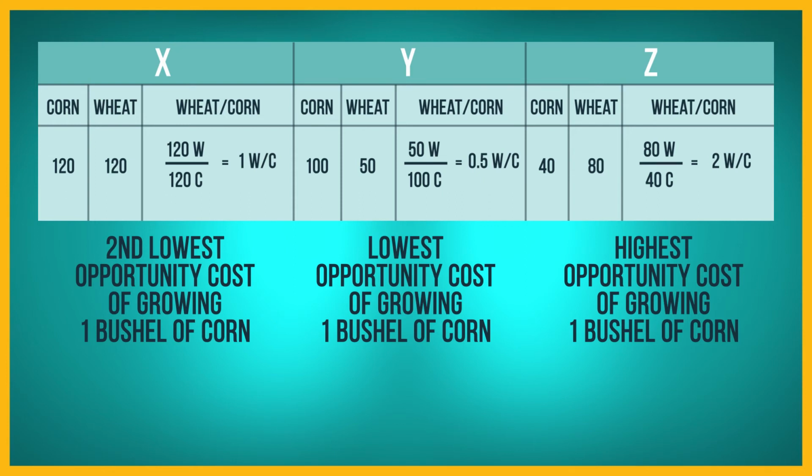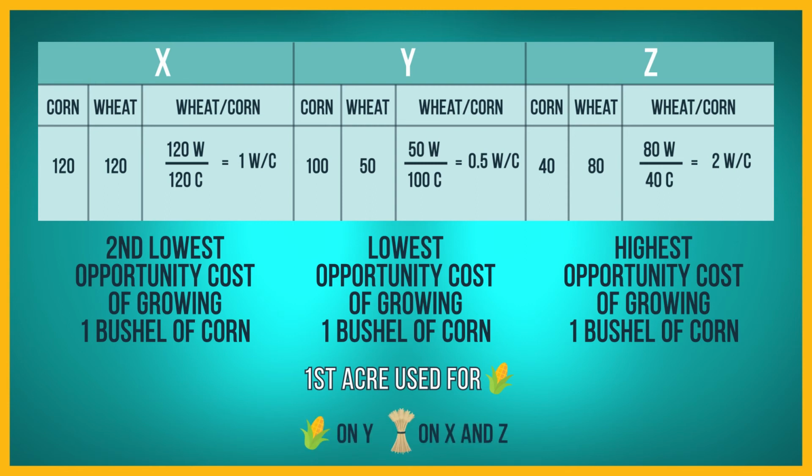Since Y has the lowest opportunity cost of growing 1 bushel of corn, it is the first acre to use for corn. That is, if we want to grow corn on 1 acre and wheat on 2 acres, we obtain a maximum combination by growing corn on Y and wheat on X and Z.